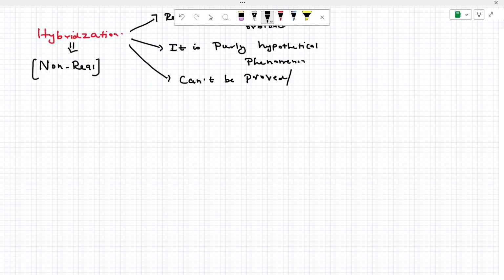Cannot be proved or shown by any experimental technique. Not even by NMR spectrum and IR spectrum. Now finally என்ன சொல்ல வர அப்படின்னா the hybridization is a pure hypothetical concept.